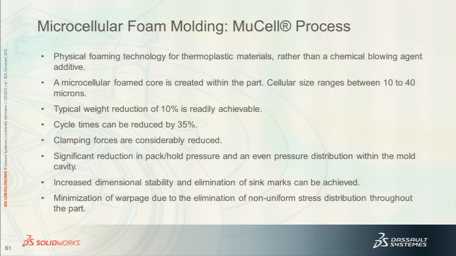Because it is a low-pressure process, sink and cosmetic issues can be minimized. So if you're having problems with standard injection molding and your aesthetics are problematic, this might be an alternative for you to use.